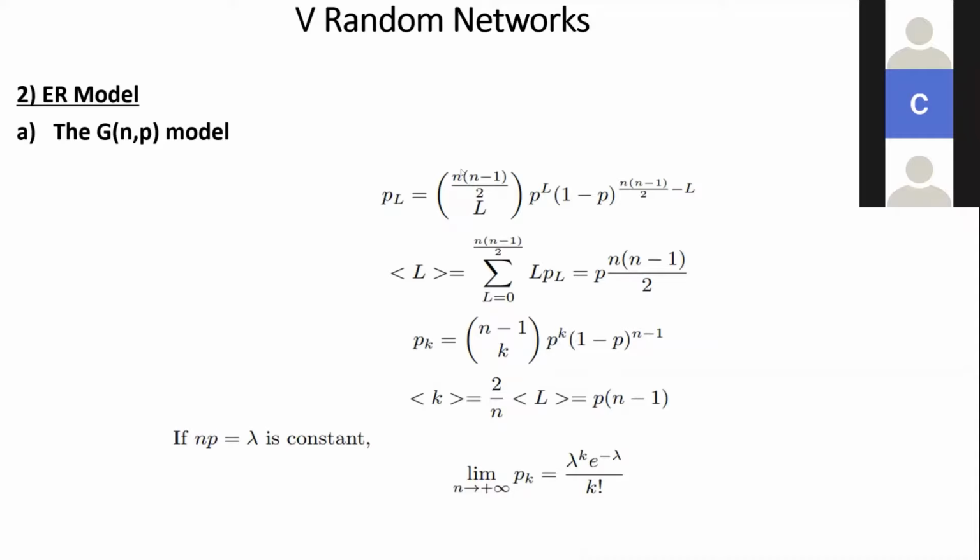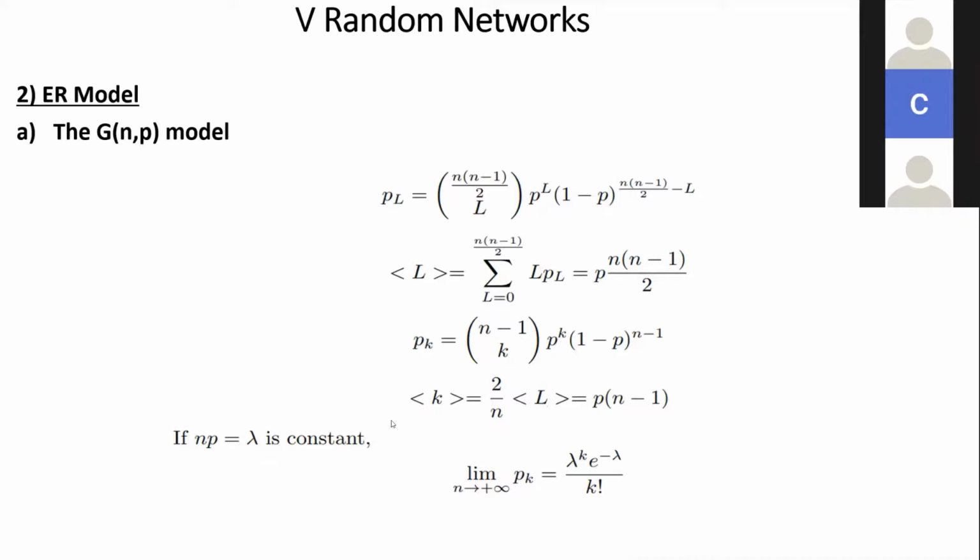Then the mean comes from the binomial law. Then the probability that a given node has k edges is given by that, and the average degree, which we call the degree, is also p times n minus 1.